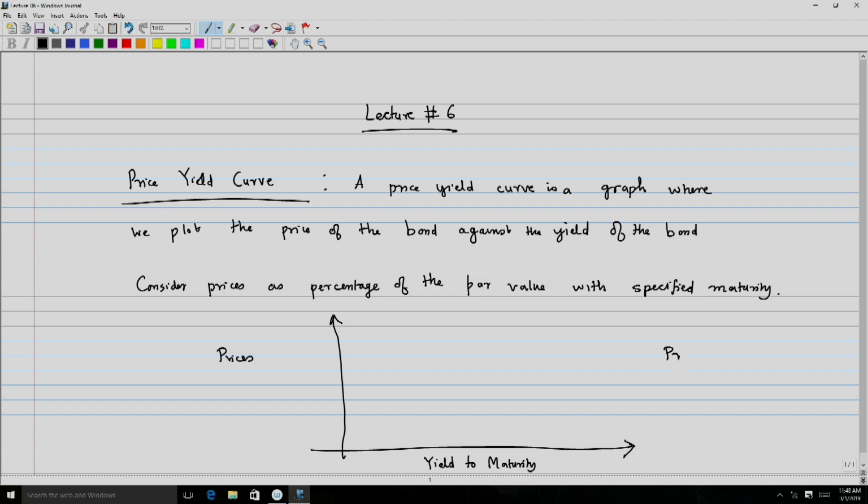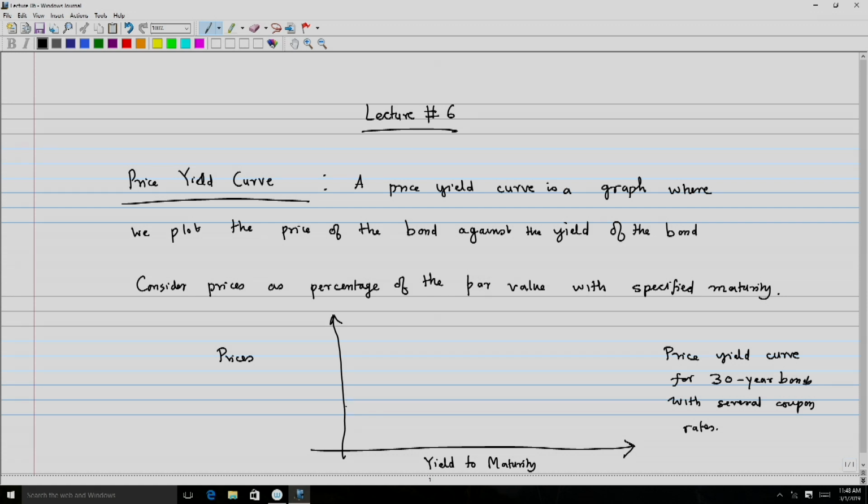So, this is the price yield curve for 30-year bonds with several coupon rates. We will look at several cases where we have different coupon rates, and we will just see how the price changes depending on what is the yield to maturity.